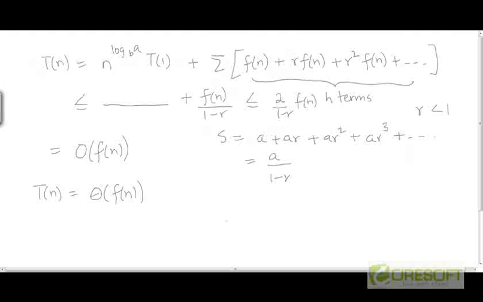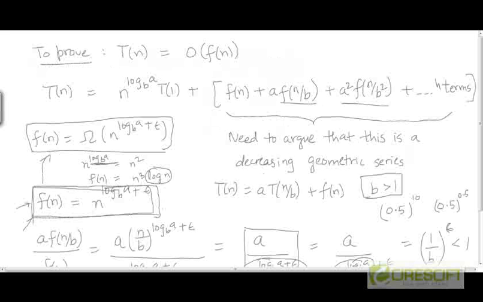So we're going to make one more assumption. We're directly going to assume that a times f of n by b is going to be smaller than f of n by at least some fraction. And this is true for every consecutive pair of terms.